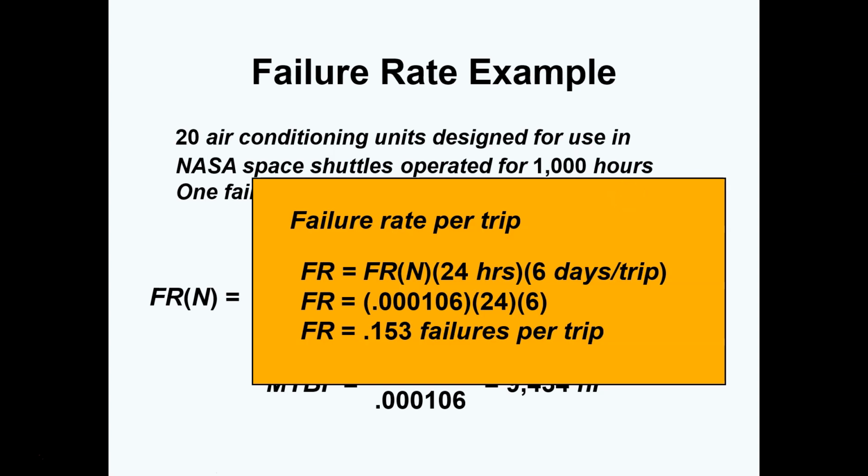Failure rate per trip will equal the failure rate in numbers multiplied by 24 hours, multiplied by 6 days per trip, and that will equal 0.153 failures per trip.